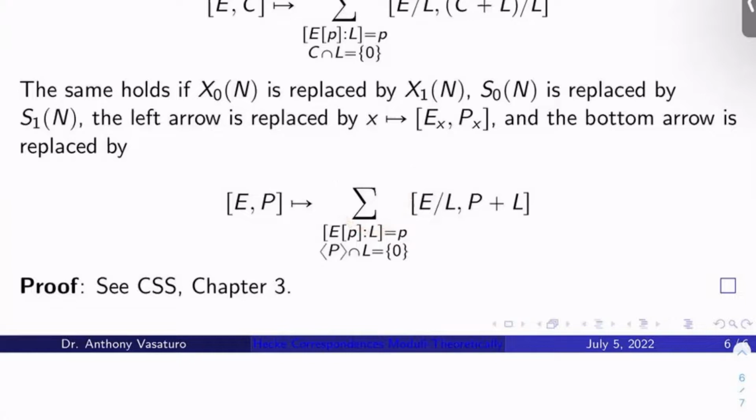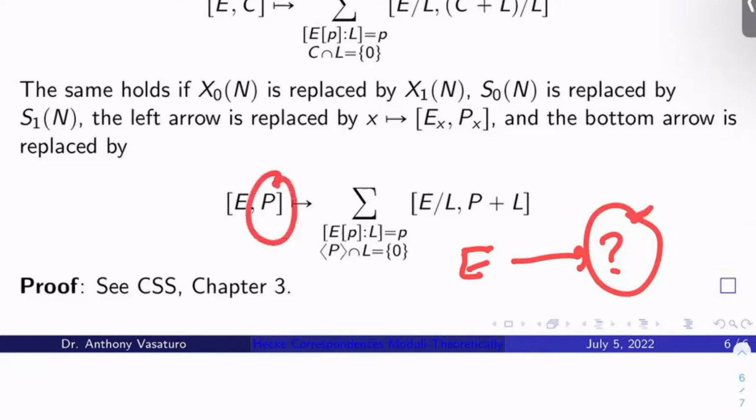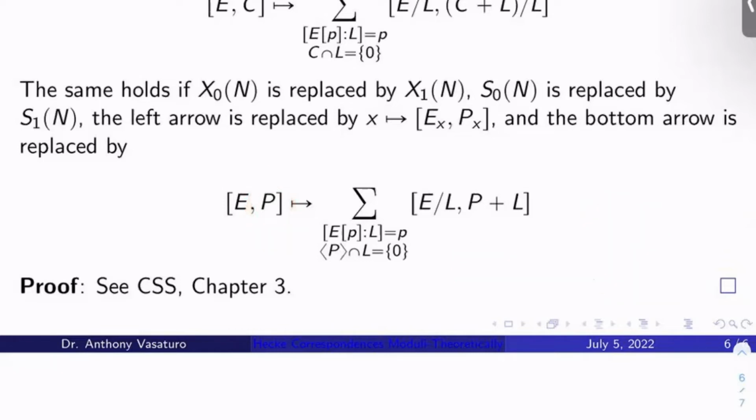Well, again, you'll take all subgroups L of order P in the P torsion of E, but you're going to make sure that when you take L and intersect it with the group generated by P, that intersection is trivial, and you're going to add up all the classes E mod L, P plus L. So again, you're taking your elliptic curve E, you're looking at all images of it under separable isogenies that have kernel an order P subgroup of the P torsion of E, which we'll call L, but you just want to take the L's that intersect your given N torsion data P, or more specifically, the group generated by it, trivially.